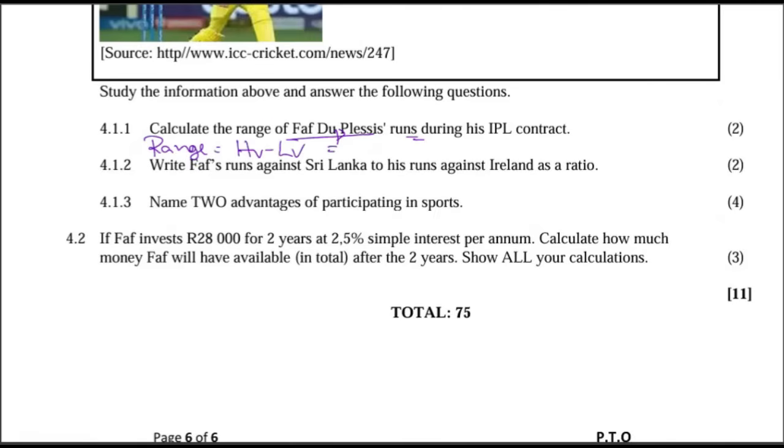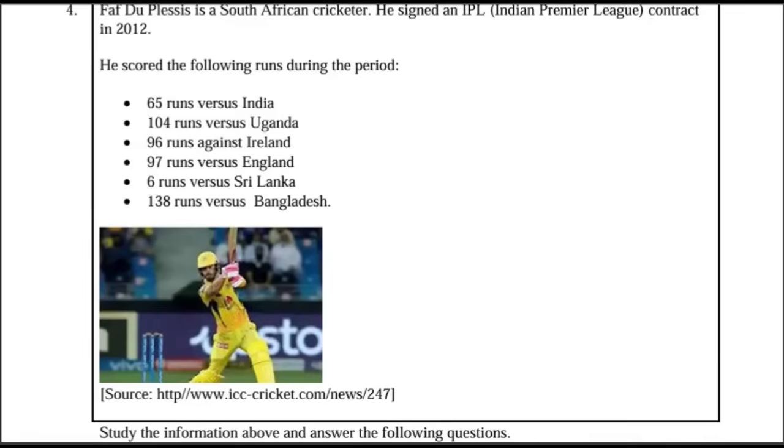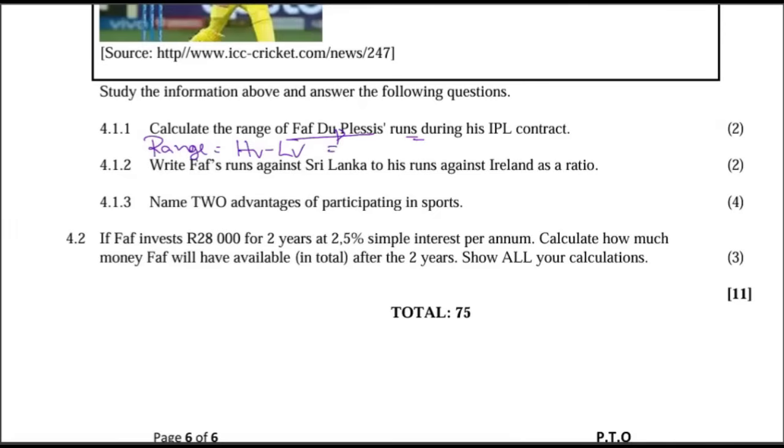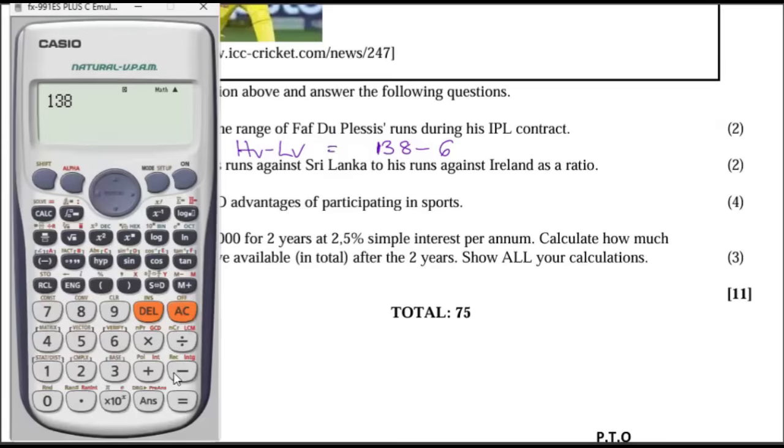So we shall check on the values here. 6 is the lowest. What is the highest? Highest is 138. So our range here becomes 138 minus 6, which gives you 132.